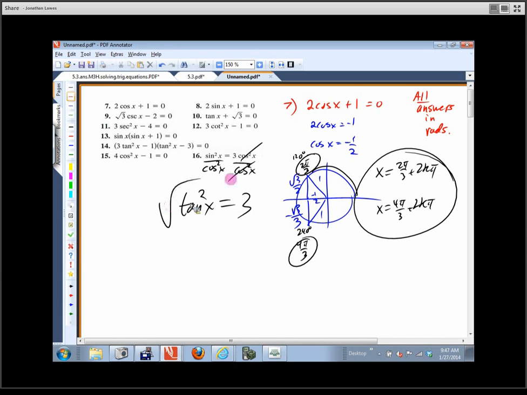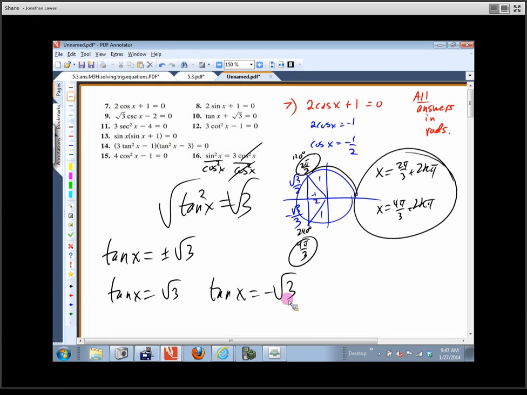If I take a square root of both sides, I get the tangent of x equals plus or minus radical 3. So we want to know, where does the tangent of x equal radical 3, and where does the tangent of x equal negative radical 3? Okay? There are two sets of answers. Any questions? All right.